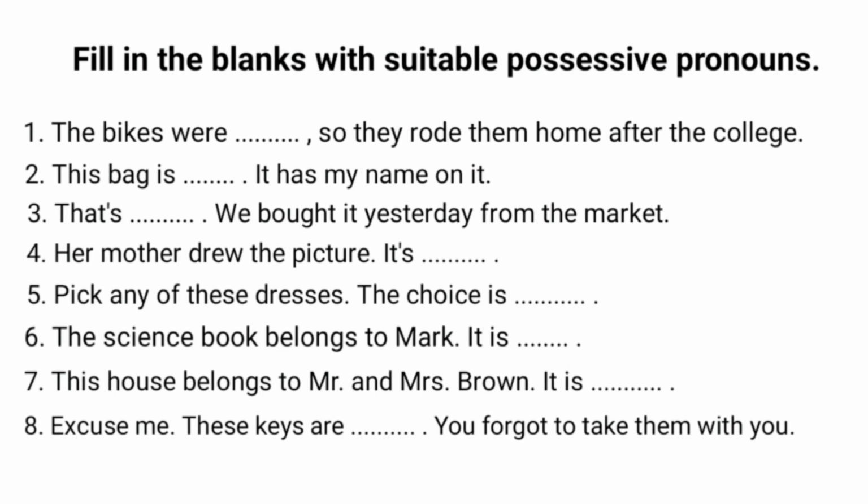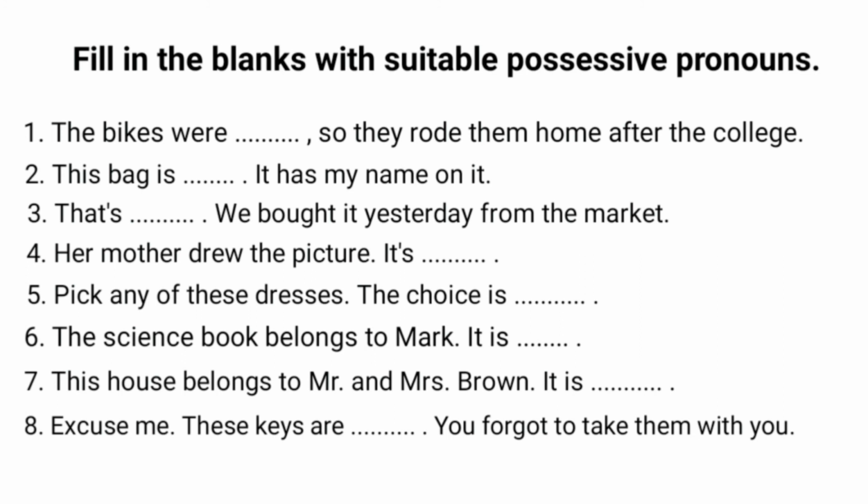Now, you have to fill in the blanks with suitable possessive pronouns. Number 1. The bikes were dash, so they rode them home after the college. Here, for they, the possessive pronoun is theirs. So the sentence is, the bikes were theirs, so they rode them home after the college.